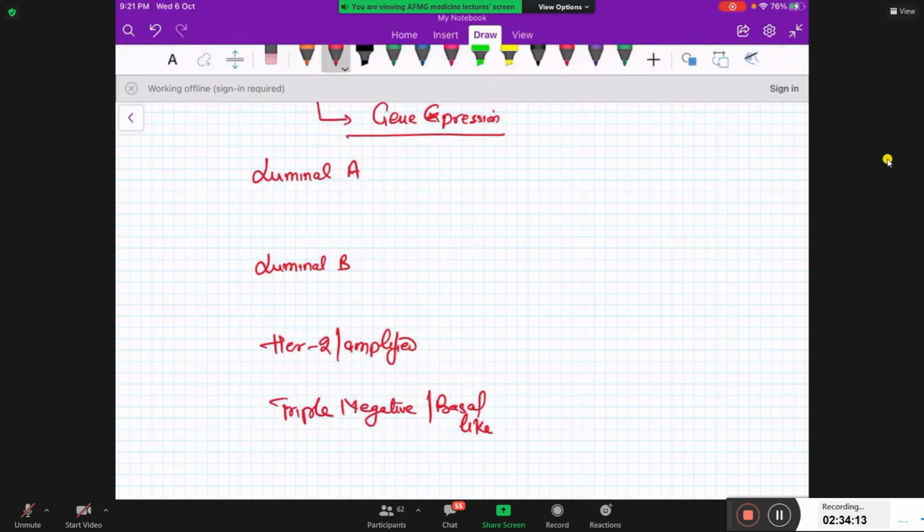And in it, there is luminal A, luminal B, HER2 amplified, and triple negative, which is also called basal-like.